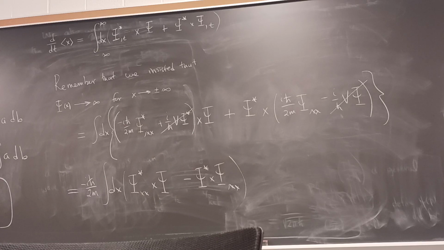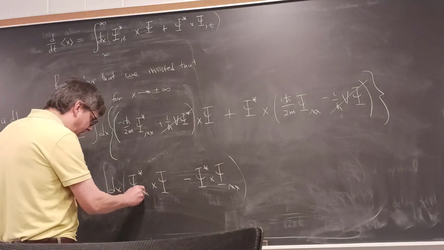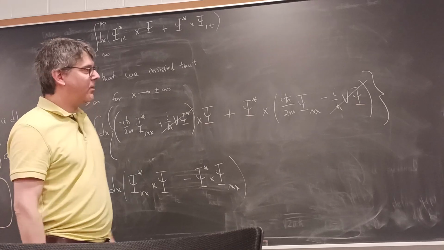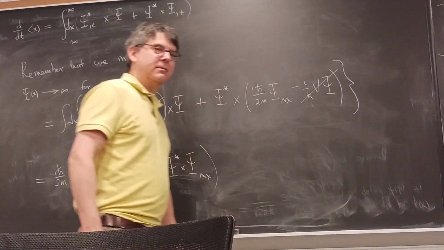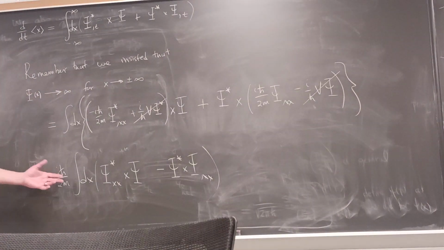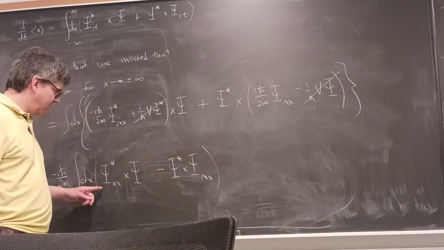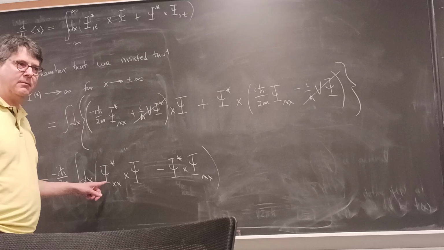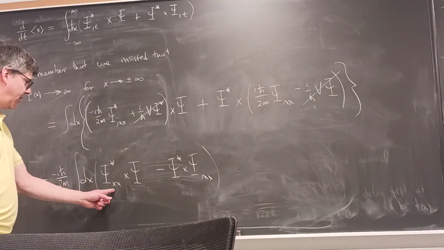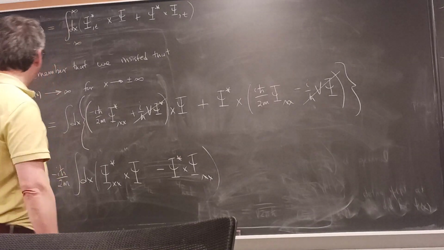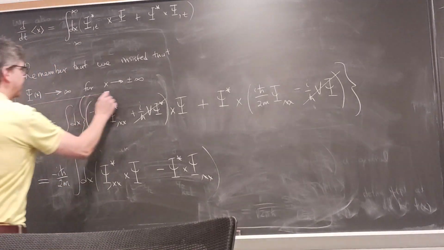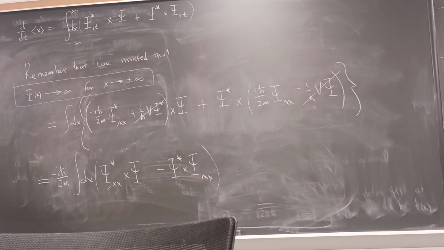The momentum operator has one power of the derivative. So we somehow want to get just one power of the derivative left on the sides. So let's just integrate these guys by parts. This will greatly simplify things because it will go to 0 at the endpoints.